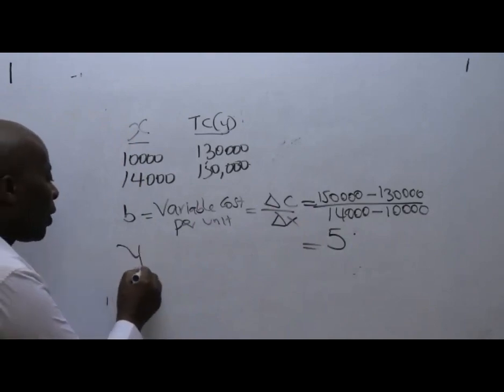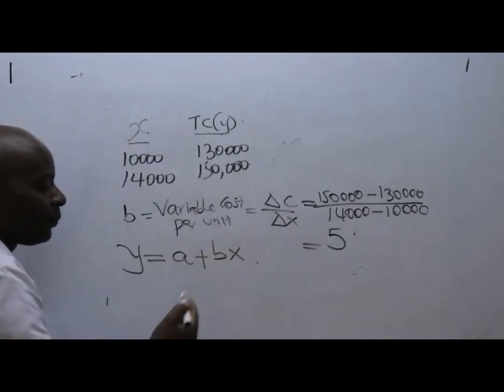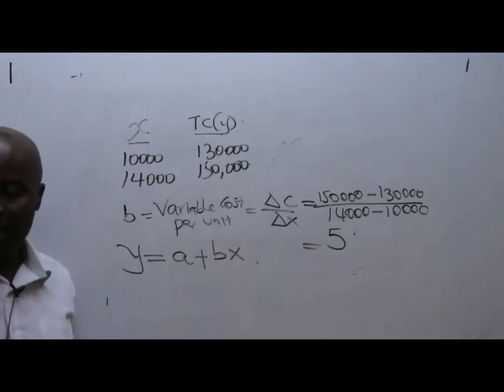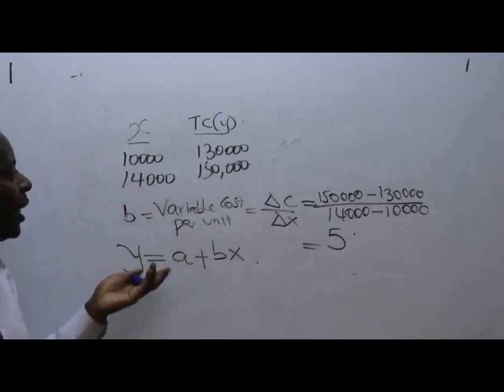Remember, our straight line equation is y equals A plus bx. You pick any of the two points, this or this, any.